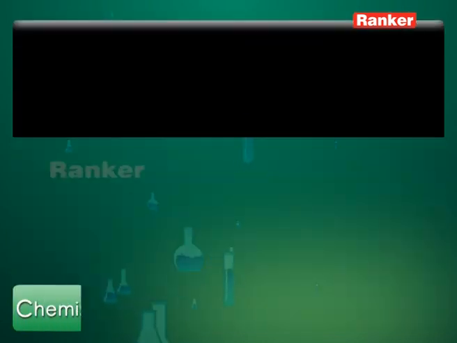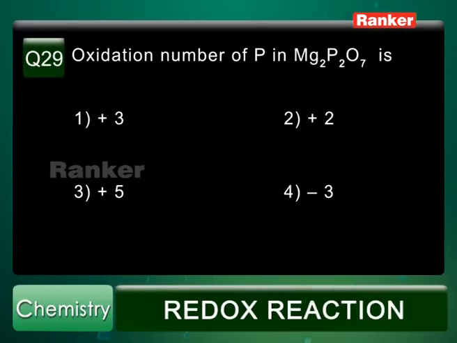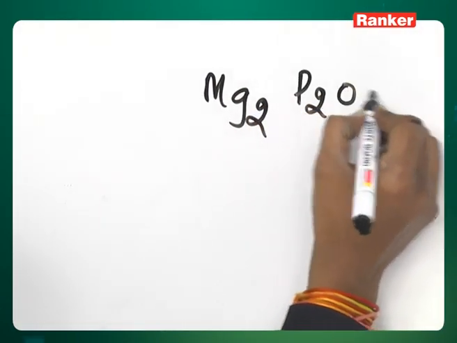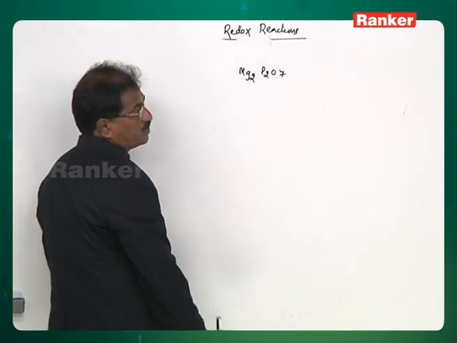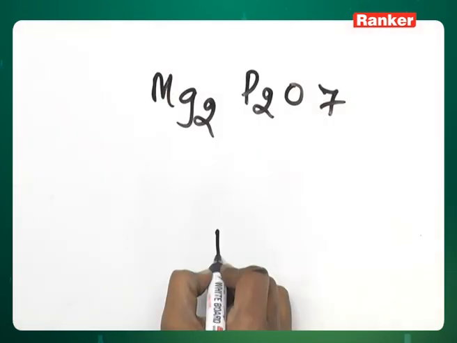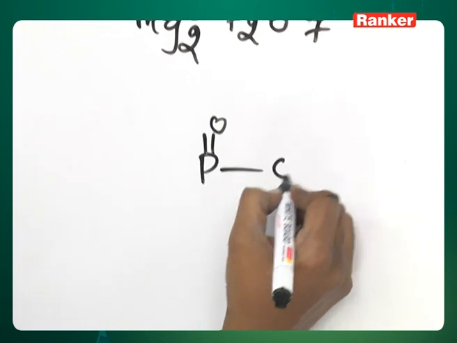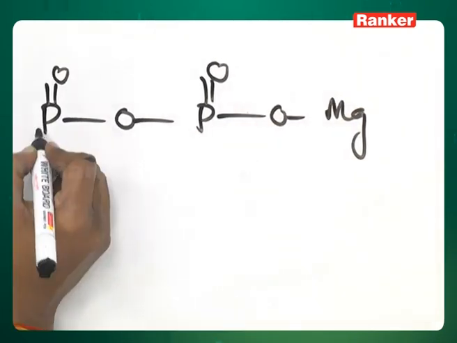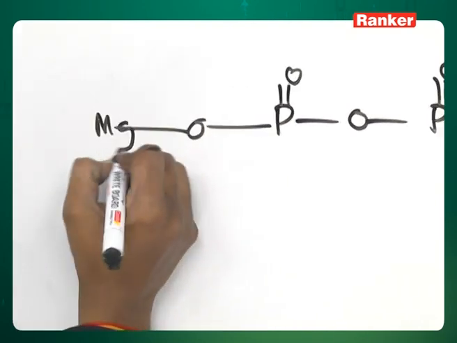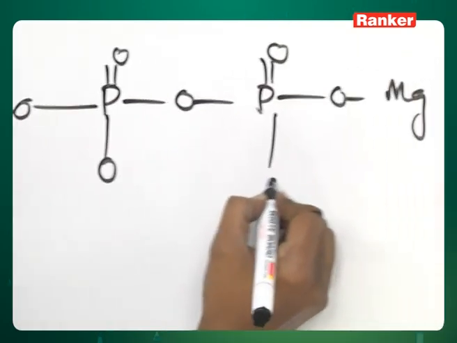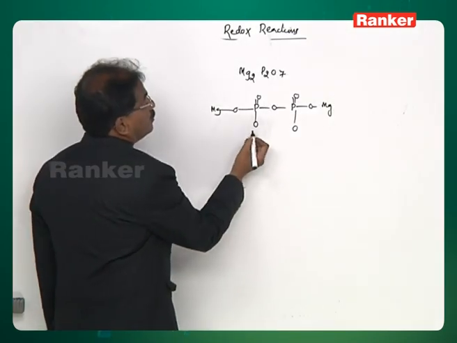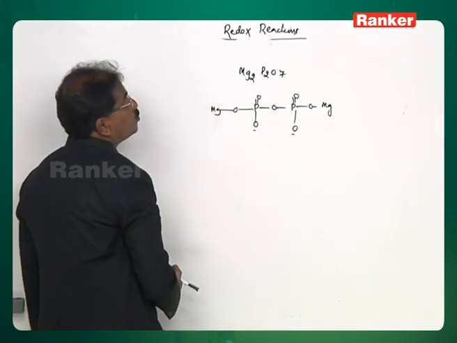Question number 29. The oxidation number of phosphorus in Mg2P2O7. First, represent the structure of Mg2P2O7.